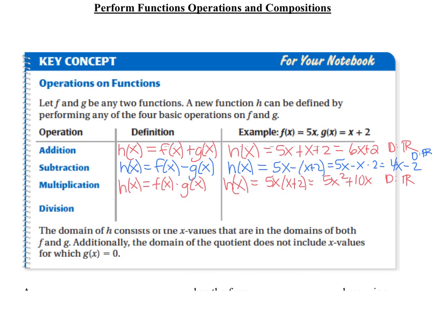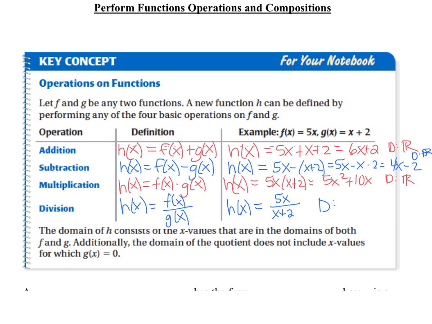Division is where we start to have to modify our domain because we can never divide by 0. So let's say h of x is equal to f of x divided by g of x. Then h of x will equal 5x divided by x plus 2. And now we have to start to modify our domain.